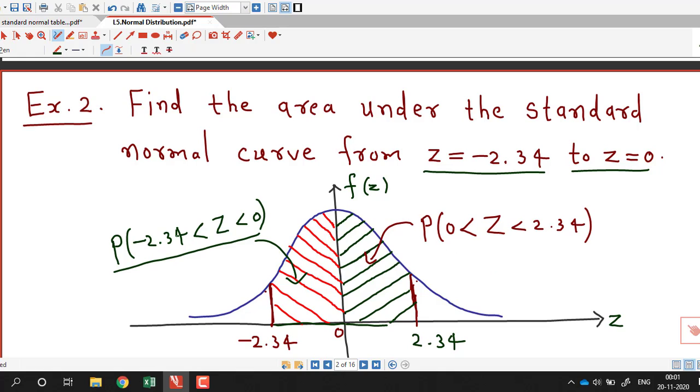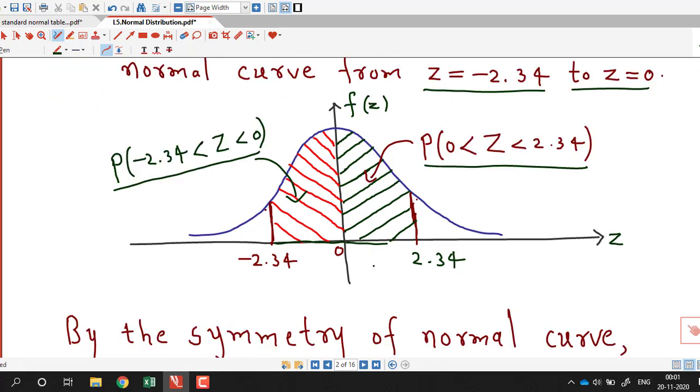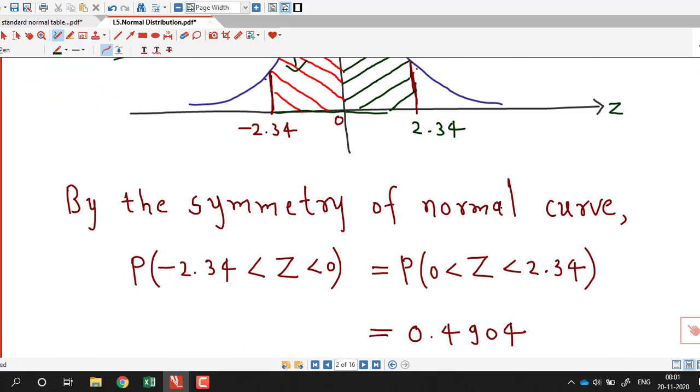So the probability that z lies from minus 2.34 to 0 is the probability that z lies between 0 and 2.34, by the symmetry of the normal curve. These two areas are equal. So by the symmetry of the normal curve we can write that the probability that minus 2.34 less than z less than 0 is the probability that z lies between 0 and 2.34, and we have this type of table values.